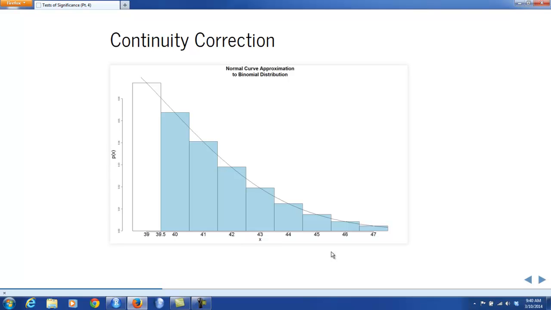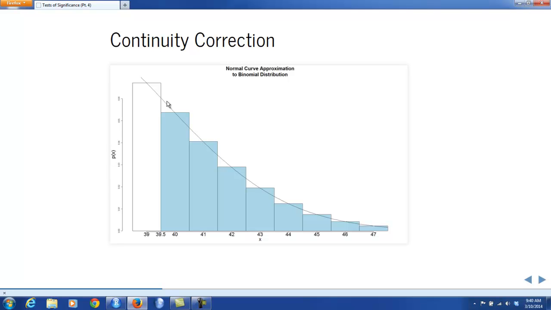We're planning to approximate that probability by the area under a normal curve. The graph that you see at the top, the curvy graph, is part of the graph of a normal curve that has the same mean and the same standard deviation as the binomial random variable under study here.